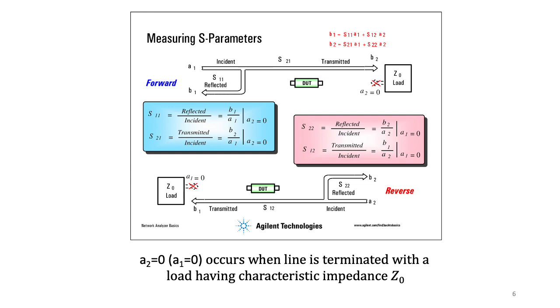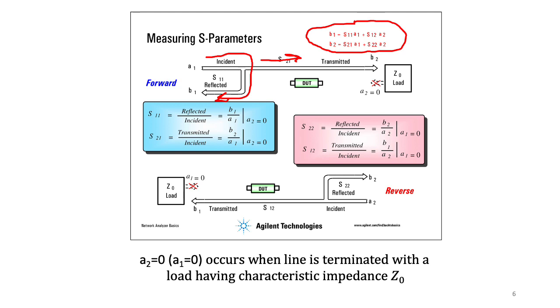In order to measure the S parameters, we'll have to look at these equations one more time. Remember that B1 was S11A1 plus S12A2, and similarly for B2. So we have an incident wavefront that's either reflected or passed through, and we make a measurement of the ratio of those two wavefronts.